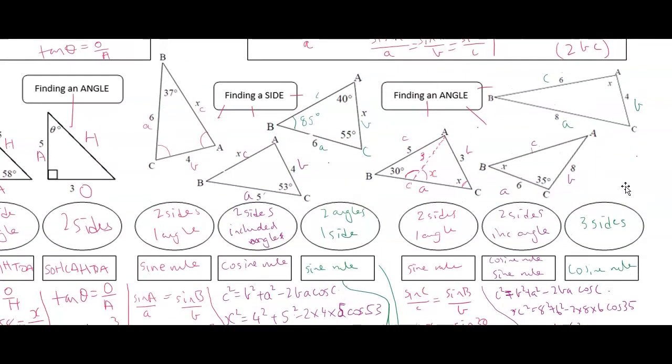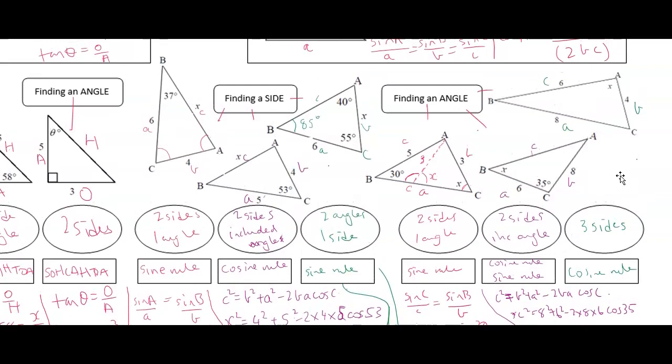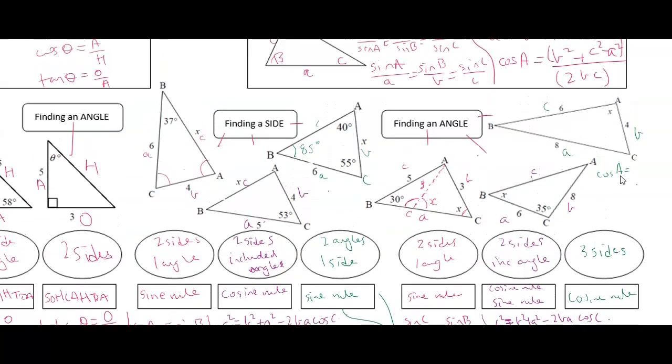Now, I might write it in this space here. Obviously, I don't have much space, but what are we looking for? Cos A. And I'm just going to copy it straight from up there. So B squared plus C squared minus A squared over 2BC.